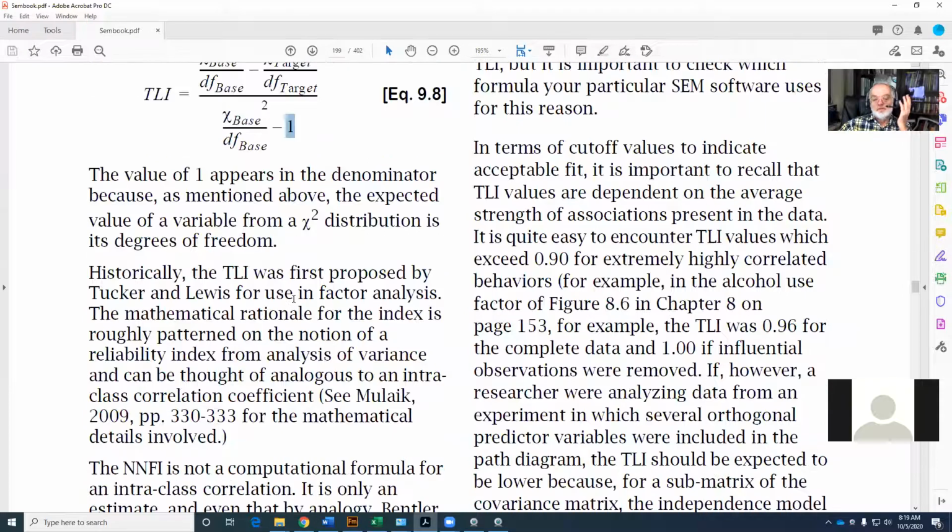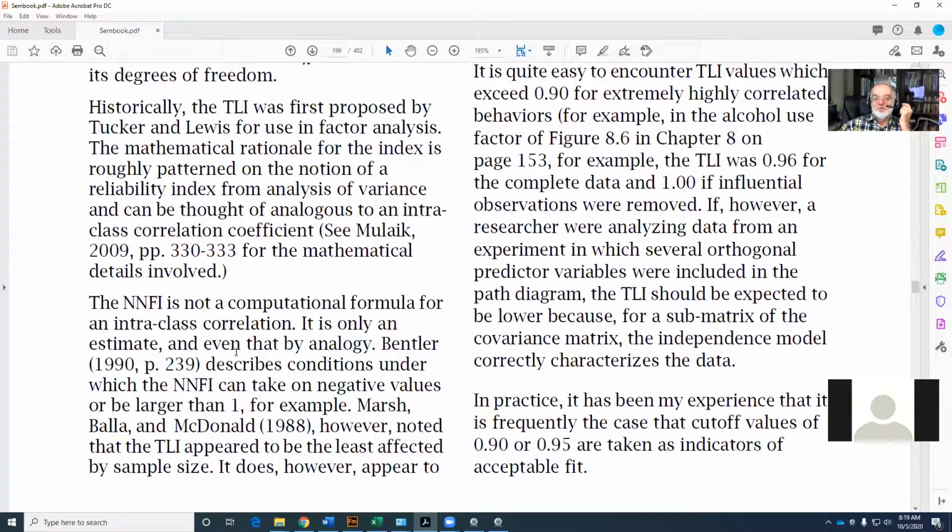Now, if you're interested, the TLI is based on the idea of a reliability index from analysis of variance. But it's important to remember that the NNFI is not a computational formula for an intraclass correlation. It's only an estimate, and even that's kind of an analogy.